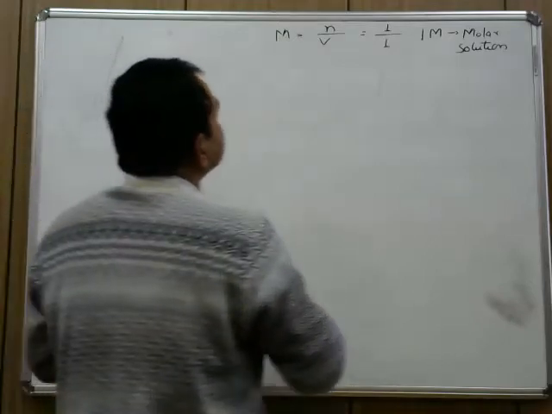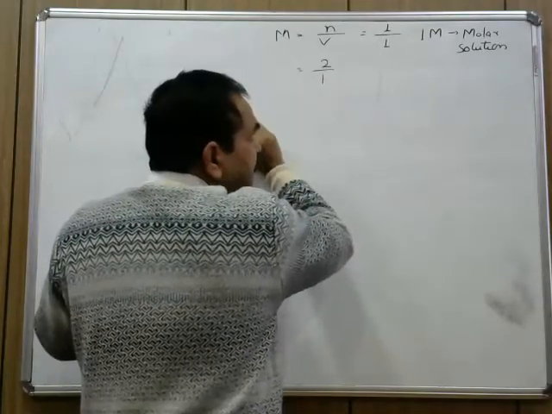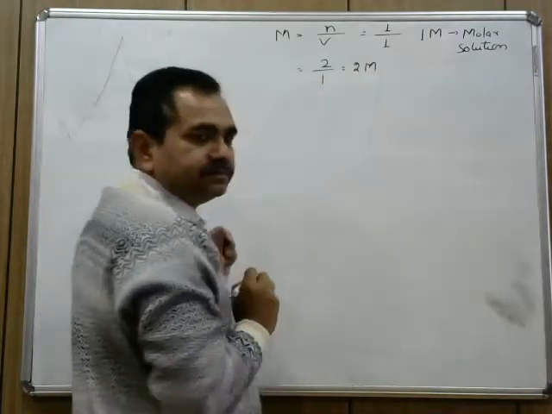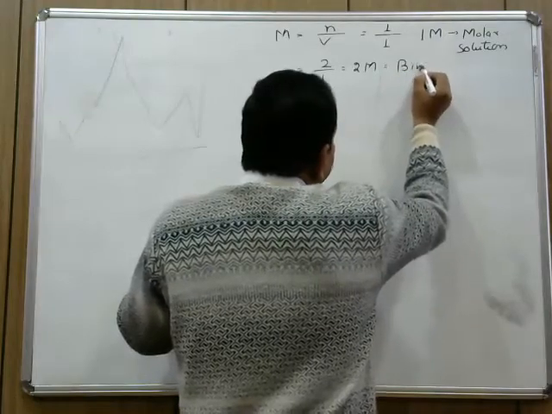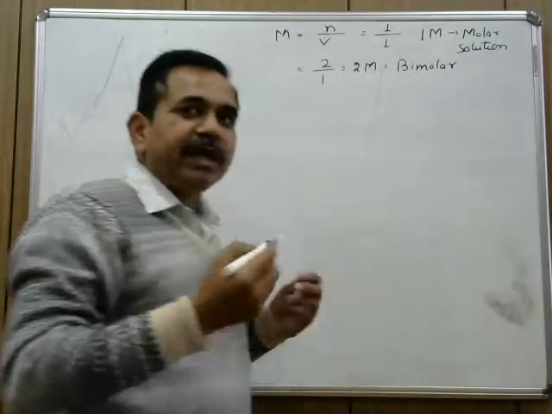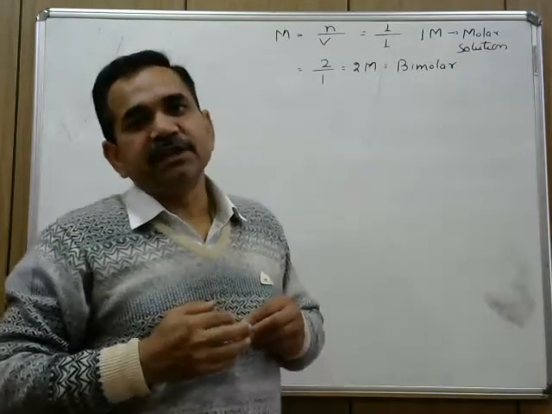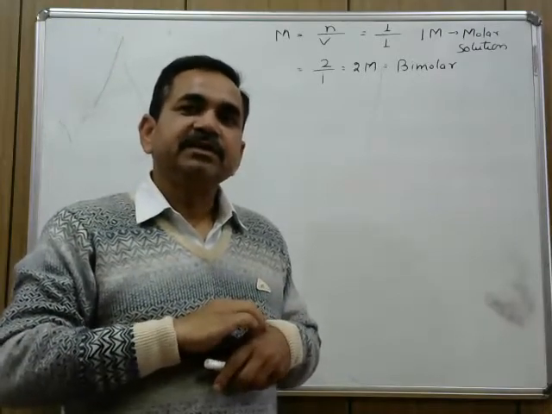But if 2 moles are dissolved in 1 liter of solution, then the value comes to be 2M, or it is called a bimolar solution. So bimolar solution means 2 moles of solute is dissolved in 1 liter of solution.